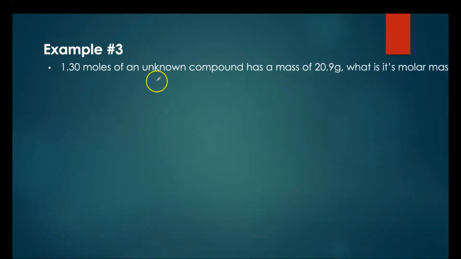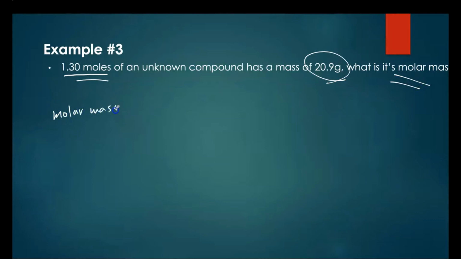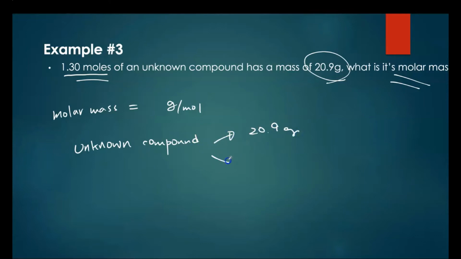Example number 3. We have 1.30 moles of an unknown compound that has a mass of 20.9 gram, and it's asking for the molar mass. We know that the molar mass has the unit gram per mole. We have an unknown compound that has the mass 20.9 gram and has 1.30 mole.